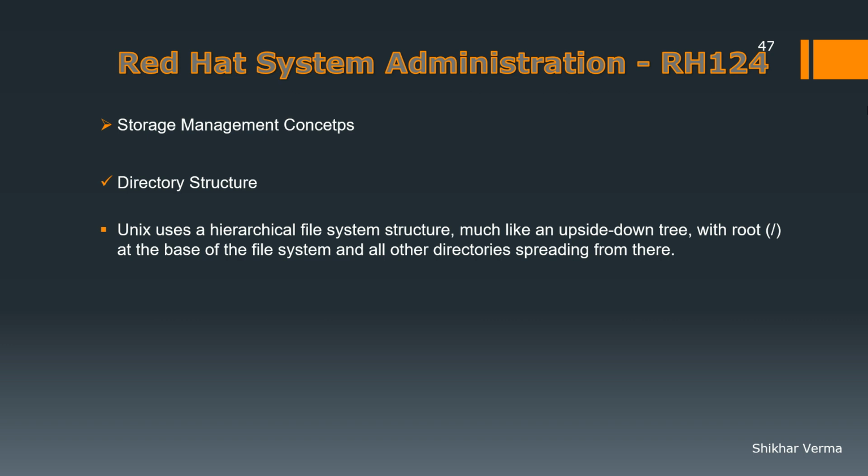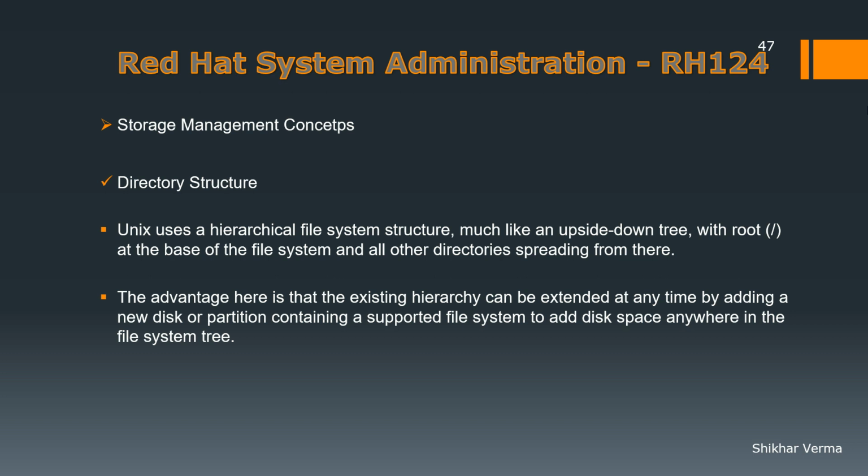Each directory or file is uniquely identified by its name and the directory in which it resides, and by a unique identifier, the inode number. The advantage here is that the existing hierarchy can be extended at any time by adding a new disk or partition.